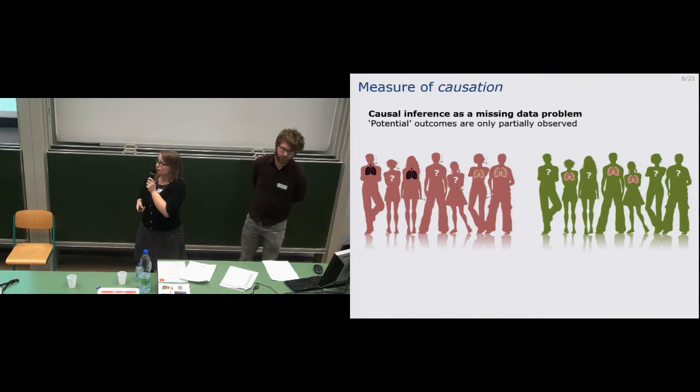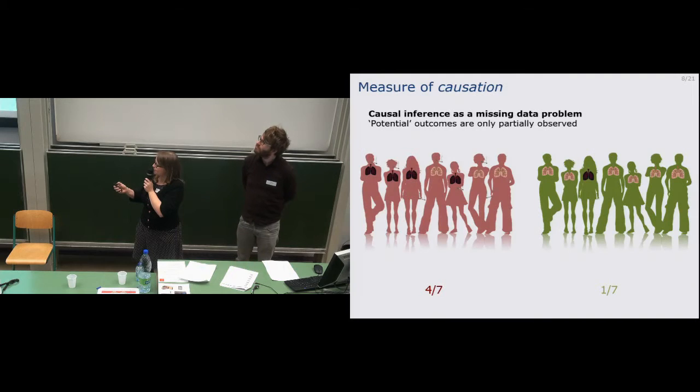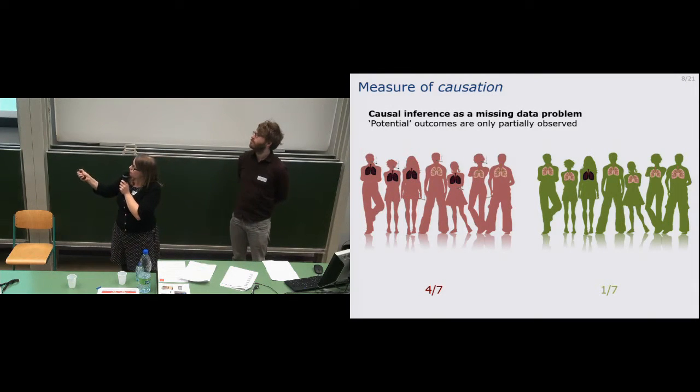However, to infer a causal effect, we would like to have comparable groups that only differ in their smoking behavior, as we would get from a randomized experiment. So in causal inference, we imagine what would happen if everyone smoked versus if no one smoked.